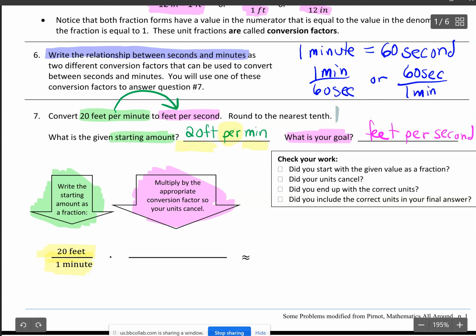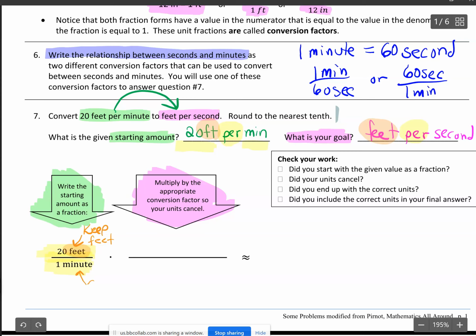So I come back up here and look at my work. They both have the word per, so that's in there. They both have the word feet. So do I want to change the feet? No, we want to keep it. So we're going to keep the feet. Let me write that down there. We want to keep feet.